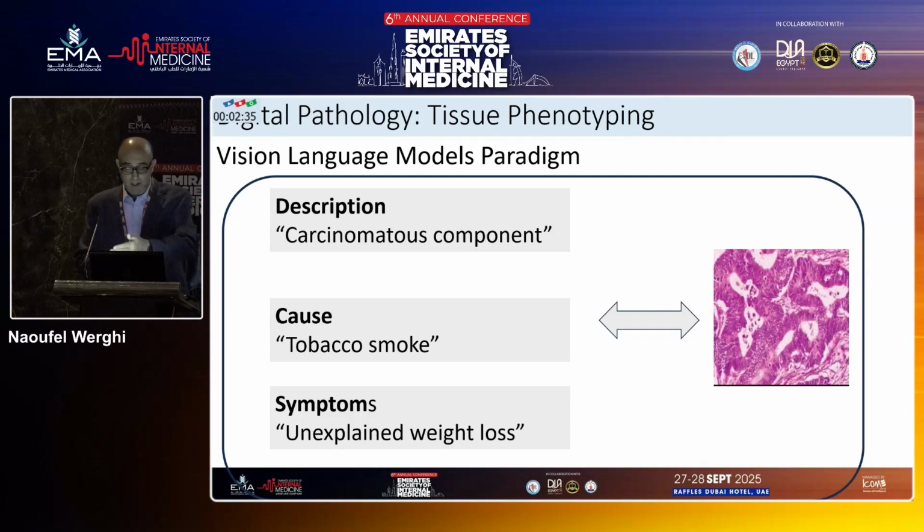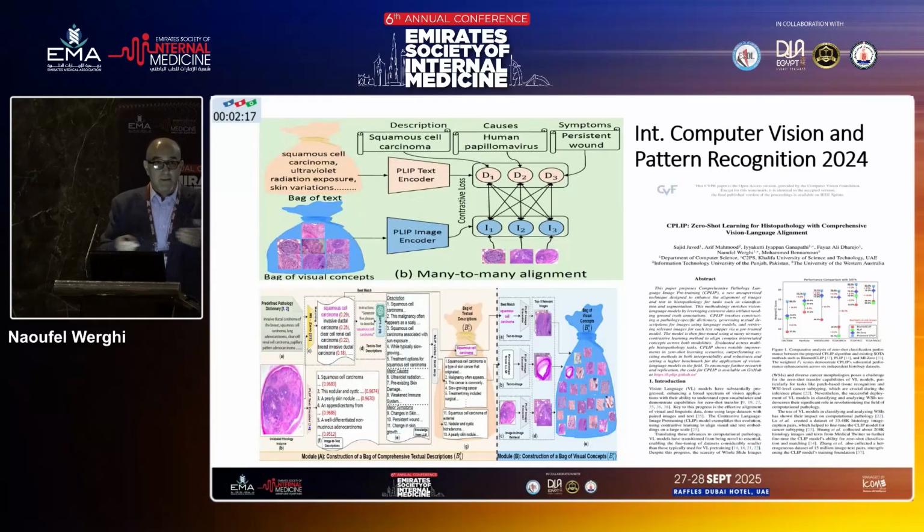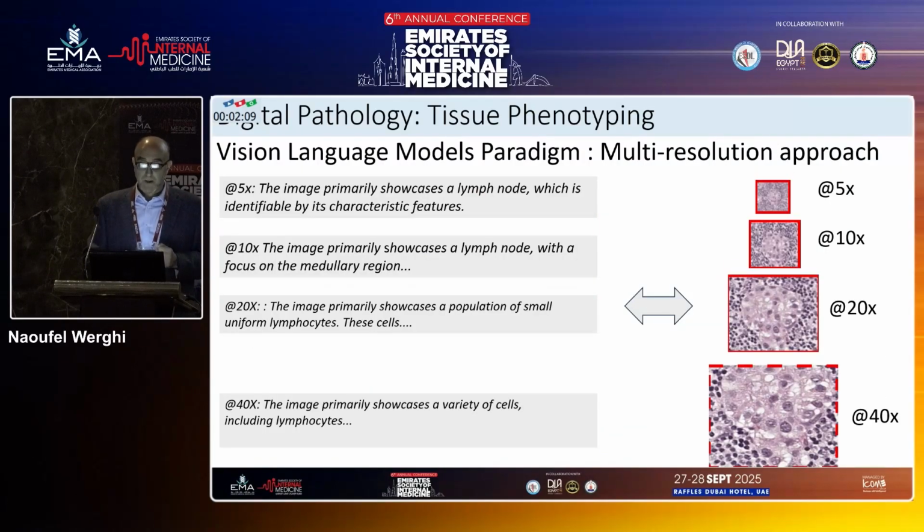We can consider the same thing for other types of cells, and then our learning is going to integrate this rich information, the image of the cells and all the information about its cause and its symptoms. We show that this kind of learning helps, again, in disentangling the representations of the different types of cells, and this was our publication in CVPR, the top conference in computer vision. Moreover, this is again based on the feedback of the pathologists.